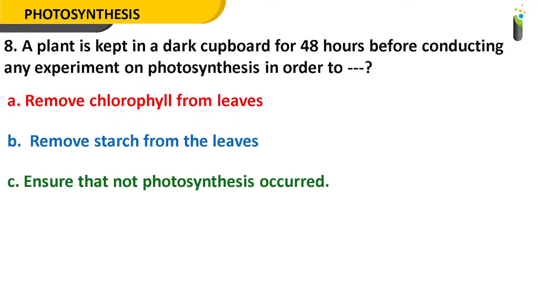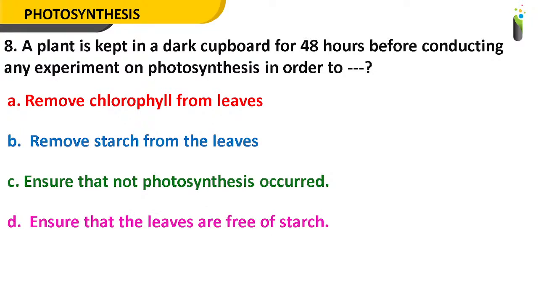C. Ensure that no photosynthesis occurs. D. Ensure that the leaves are free of starch. So why is a plant kept in a dark cupboard for 48 hours before conducting any experiment on photosynthesis?